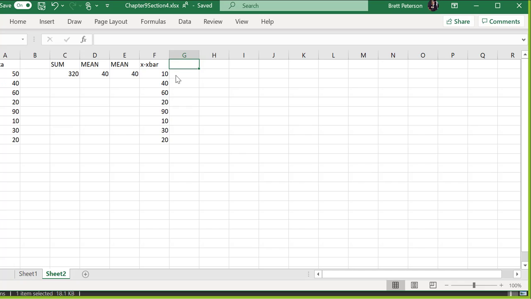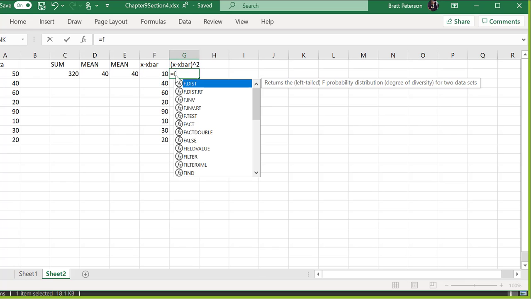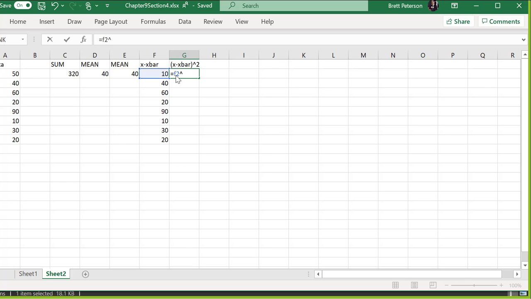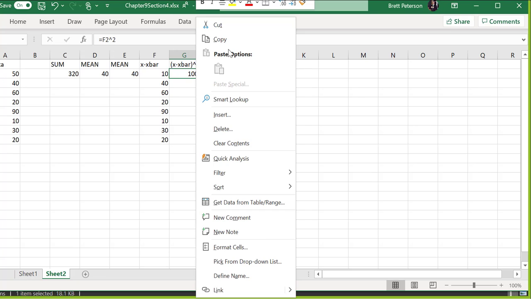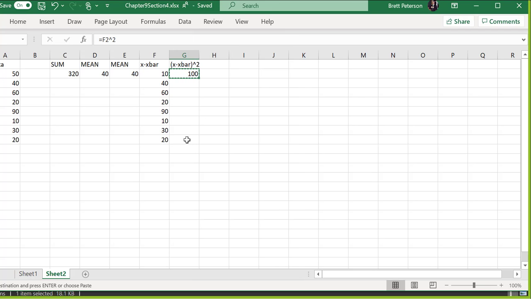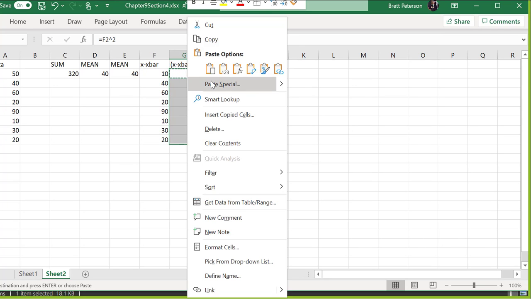Then we want the squares of all of those. So that's x minus x bar, squared. This is equal to F2. We use the caret to say we want to square it. So 10 squared is 100. If we do that with all of our values here, we paste again.